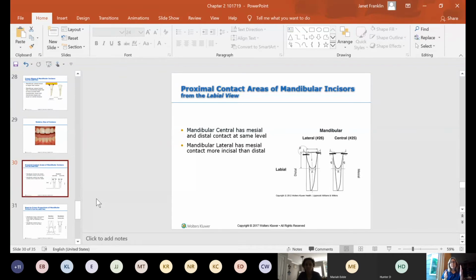Just like the maxillary lateral, the mesial contact is more toward the incisal edge, and the distal contact goes a little more cervically. So on the maxillary teeth, the contacts are going to go up toward the cervical. On the mandibular teeth, the contacts will be going down toward the cervical. But either way, they're both going toward the cervical.